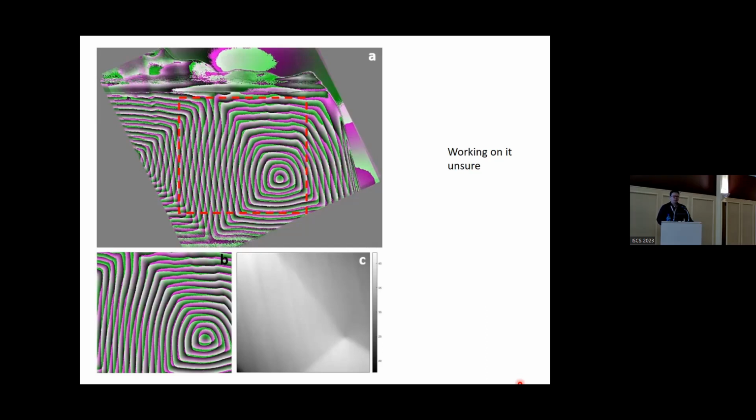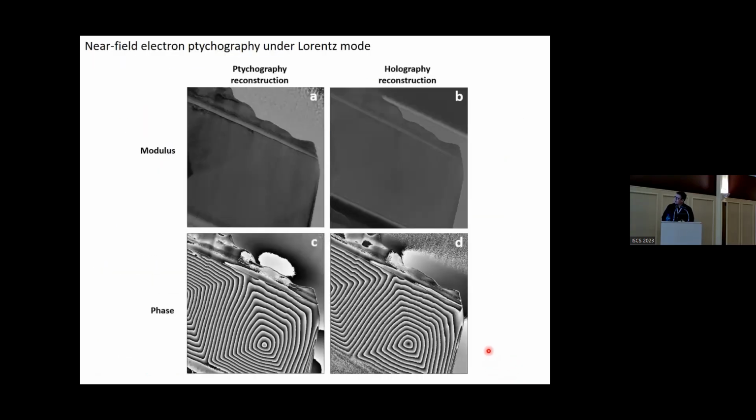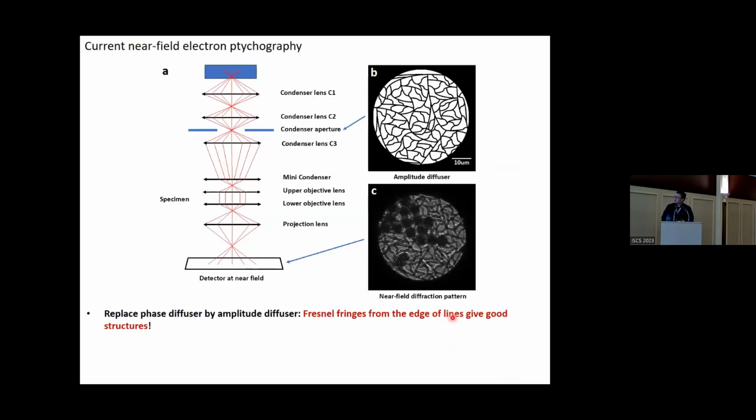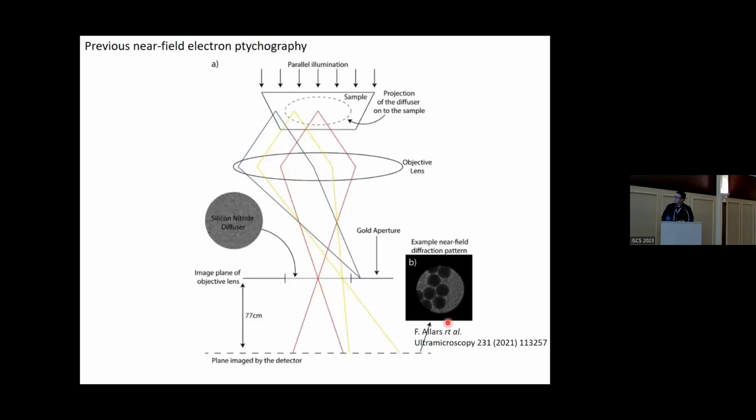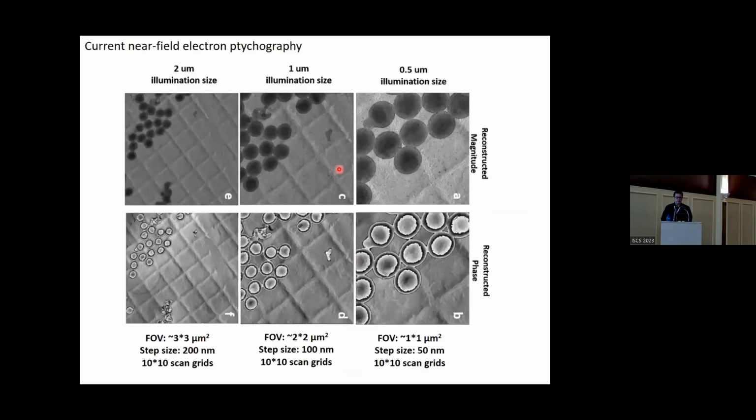Yes, I think there is a study about how much overlap to have for the best result, and I think the figure is around 30 to 70%. When we switch to near field electron ptychography, because it is quite new, we want to have a much larger overlap to guarantee sufficient information for the reconstruction.